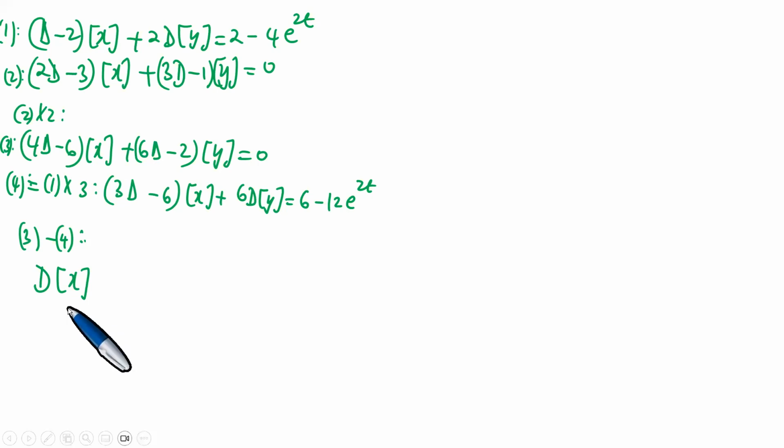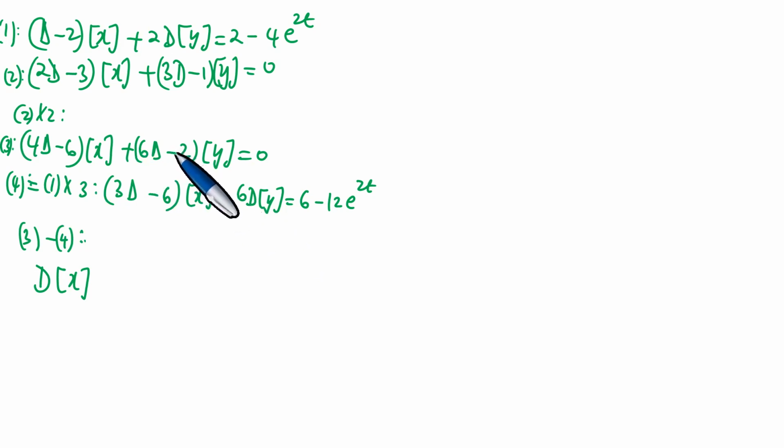Okay, so we continue. Next we actually look at the elimination method here. We get this here. And then now we look at the y's. We have already said 3 minus 4, it's neater. So if you look at the 6d minus 6d, that is going to be 0.